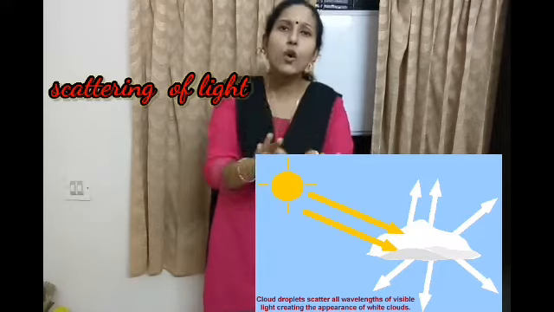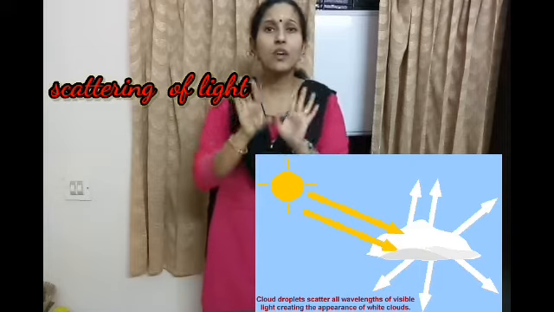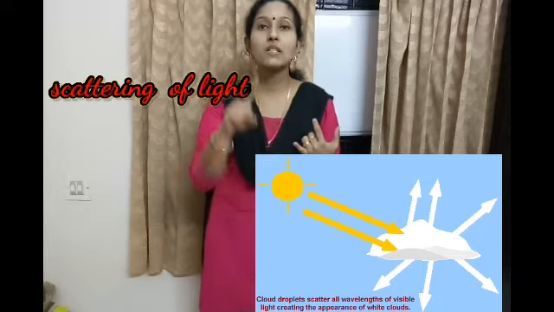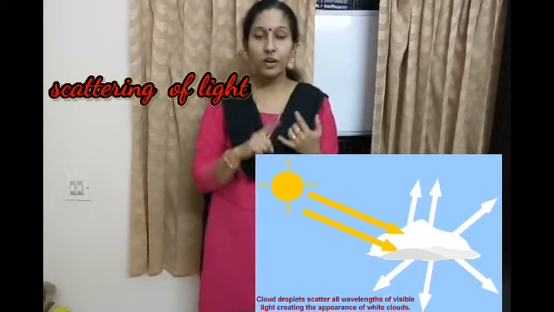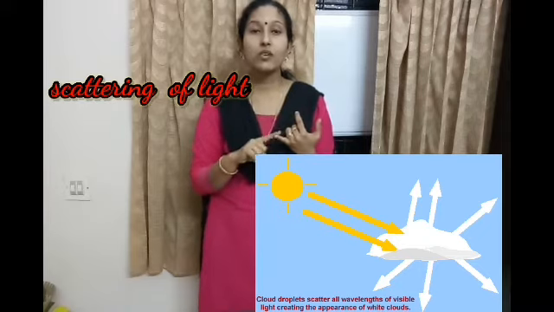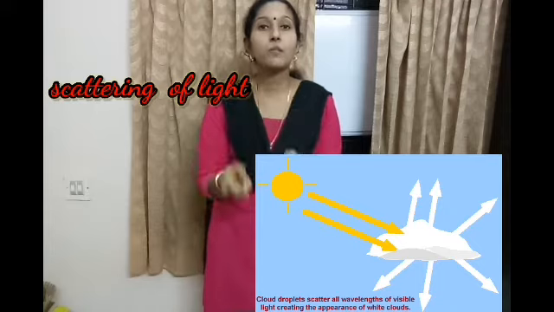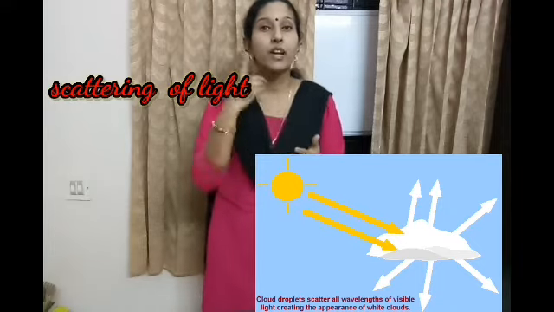If it does not strike, there will be no scattering. That's why solution particles do not scatter a beam of light. Got it? Why do solution particles not scatter a beam of light? Because the particles are very small. There is not much surface to scatter the beam of light.